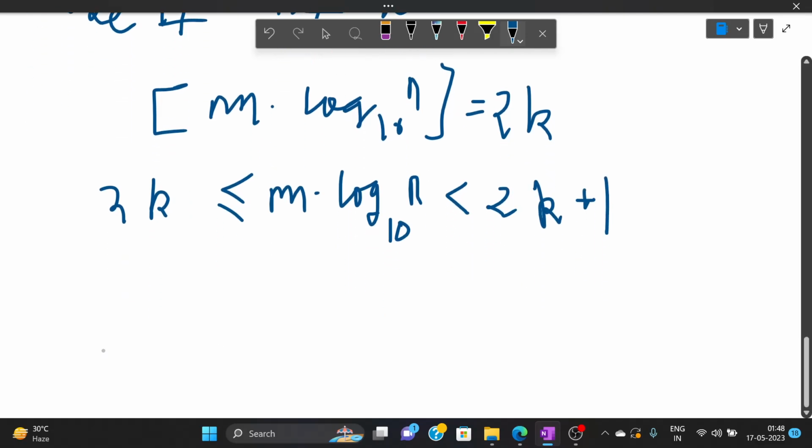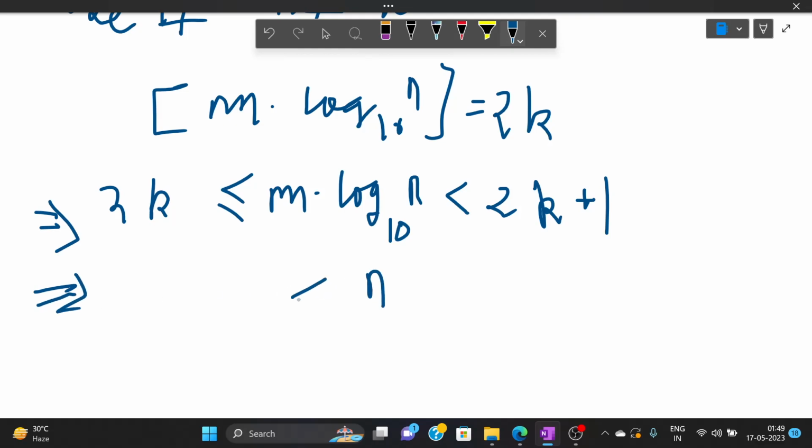So this implies that n lies between 10 to the power of 2k by m to 10 to the power of 2k plus 1 by m.